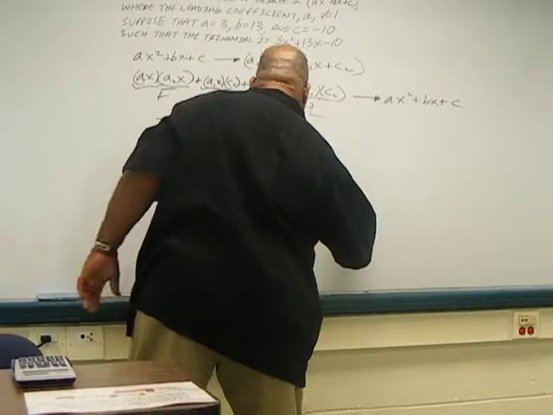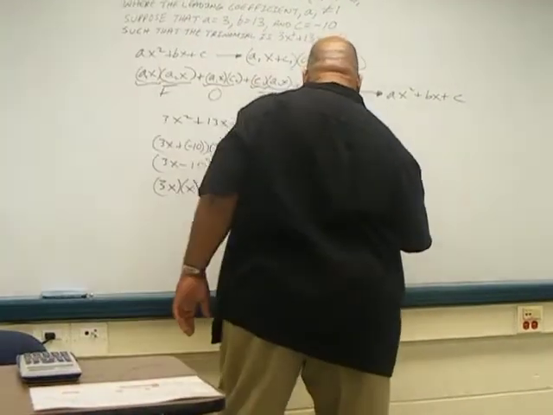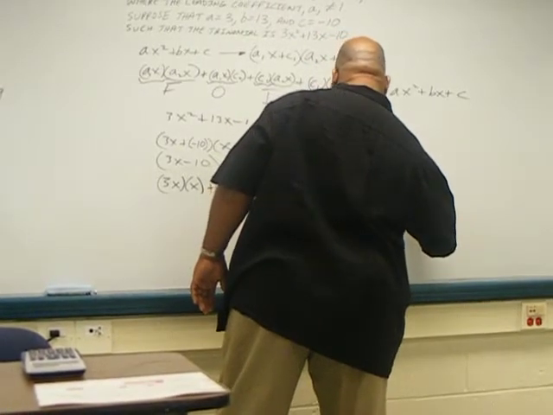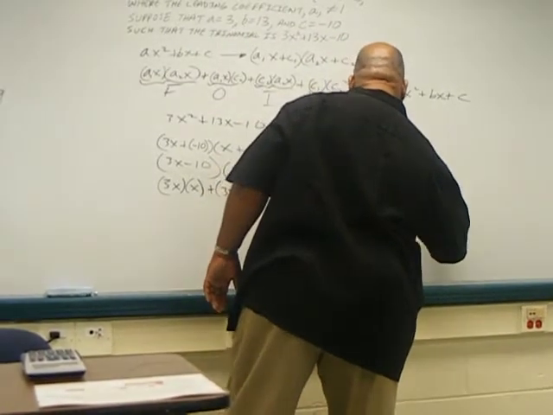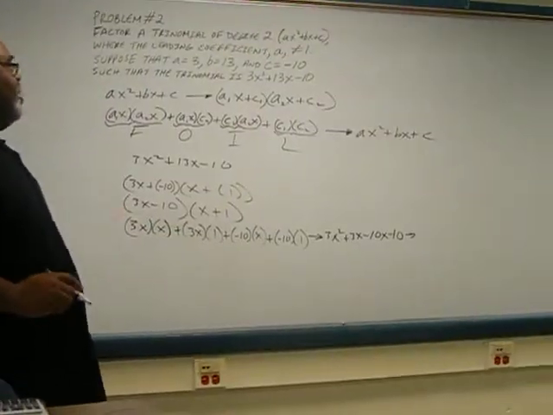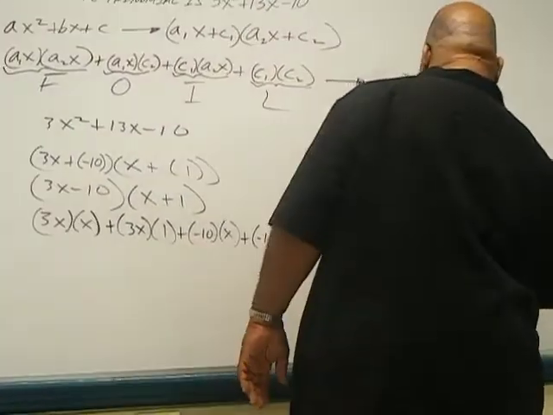Okay. So that gives us 3x squared plus 3x minus 10x minus 10. And that gives us 3x squared minus 7x minus 10.